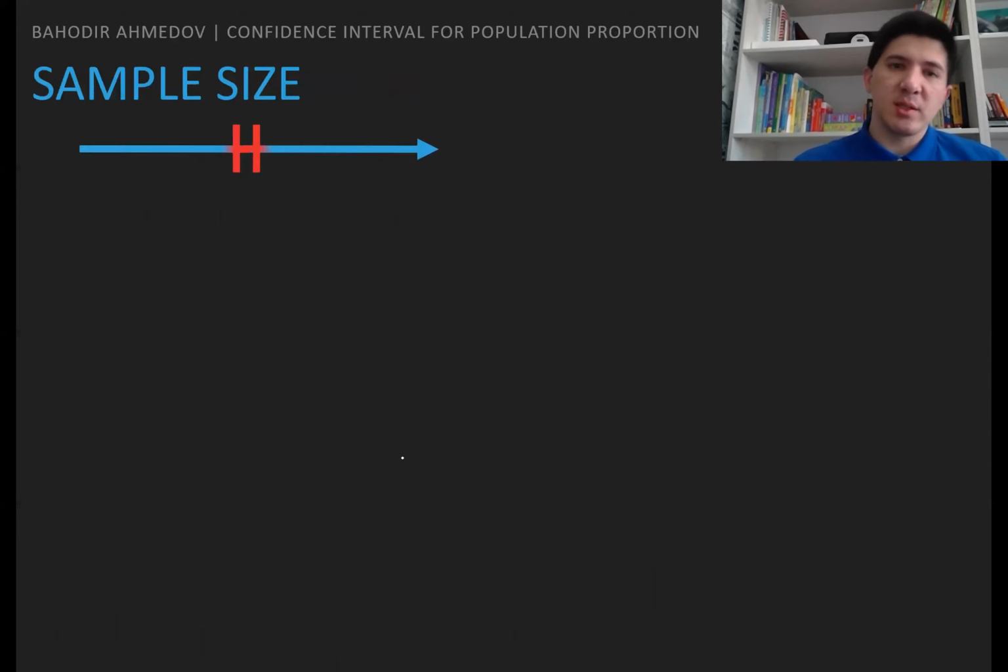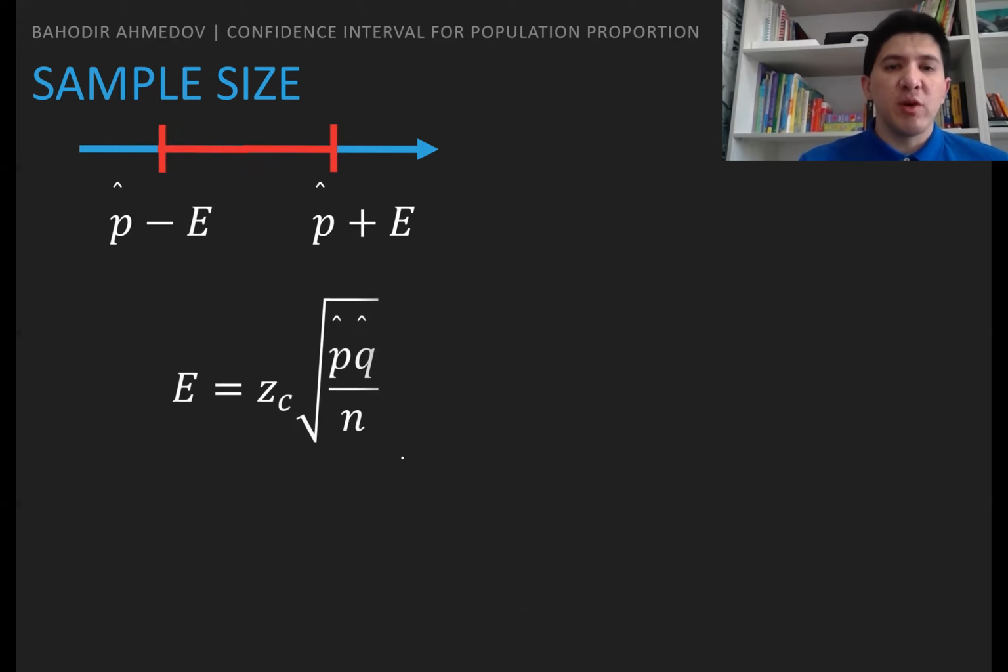So I would like to discuss with you a little bit more analysis on the error margins. If you remember, the formula for the error margin is equal to this one, where we multiply the critical value and divide by the sample size, right?